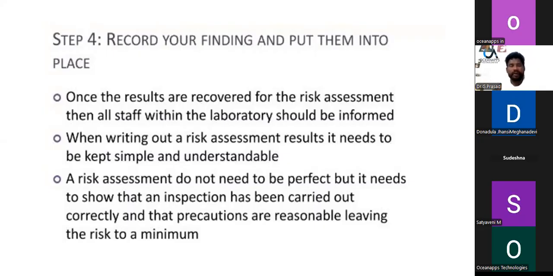Next, a risk assessment does not need to be perfect, but it needs to show that an inspection has been carried out correctly and that precautions are reasonable, relating to the risk, for all the people who are working in the particular risk assessment. So this is step number 4 for the risk assessment.